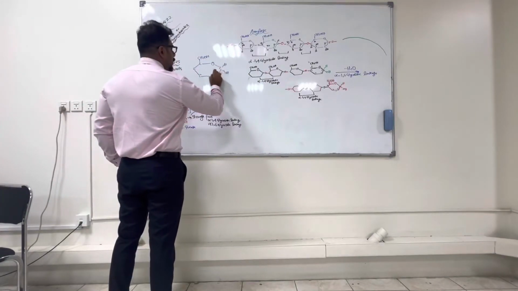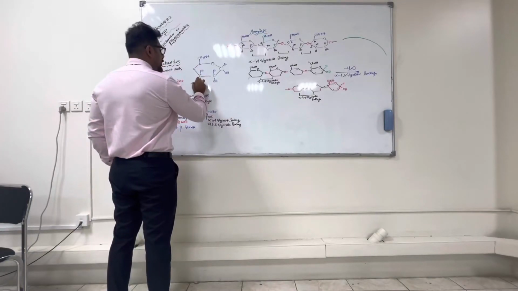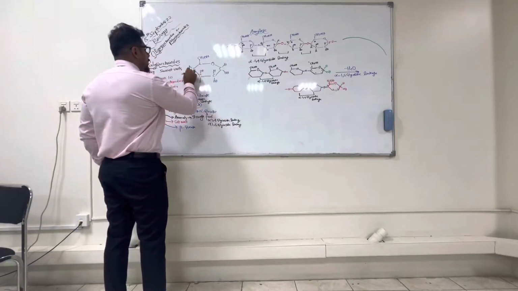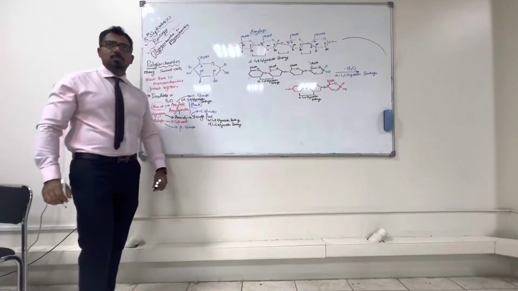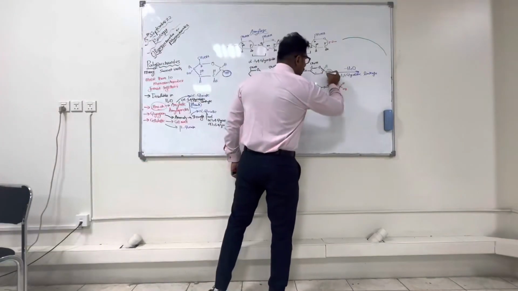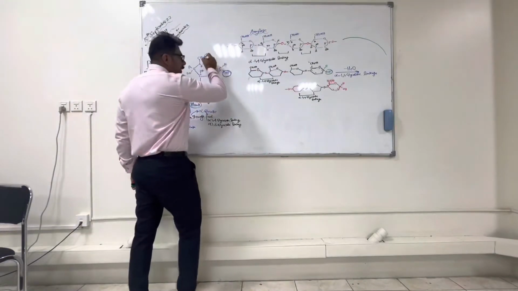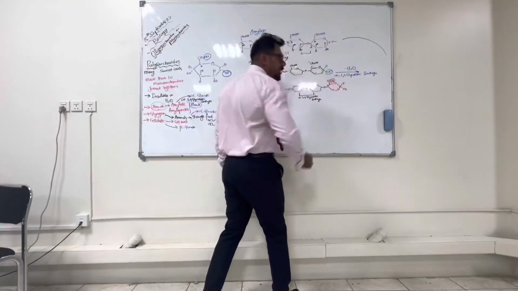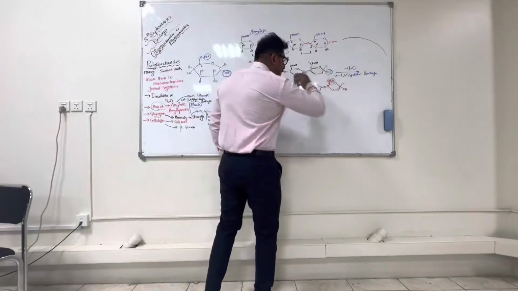H, OH, H, OH, OH, H, H, OH, and H. So look here, this is the hydroxyl over here, and this hydroxyl is over here. This is a separate chain, this is a separate chain.